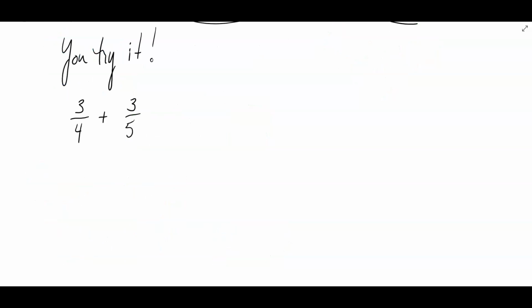Here is one for you to try. Pause the video and try to find the sum of 3/4 plus 3/5. 4 is equal to 2 times 2. Those are its prime factors. 5 is equal to 5 times 1. And so the lowest common denominator is equal to the greatest number of each of the factors.